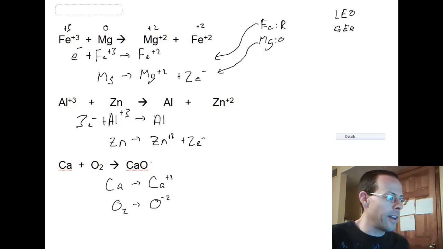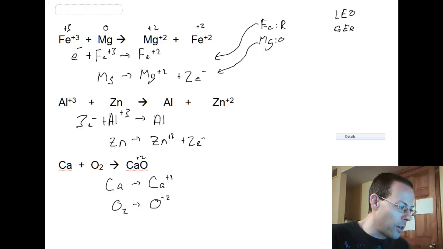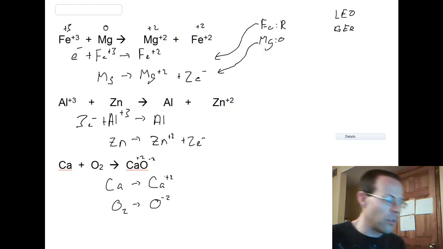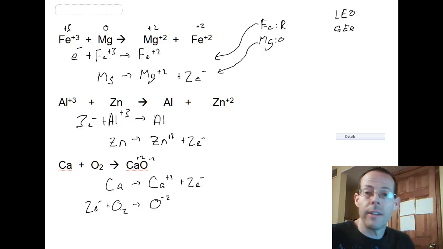This ionic compound is really made up of a calcium with a +2 charge and an oxygen with a -2 charge. So all I'm doing is separating that out. We have calcium in our first reaction, and calcium ion, so a +2 charge on the right, which means I need to add 2 electrons there. And then my oxygen, I need to add 2 electrons to the left-hand side.